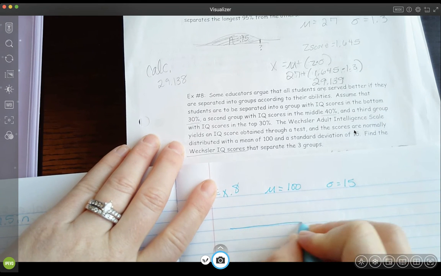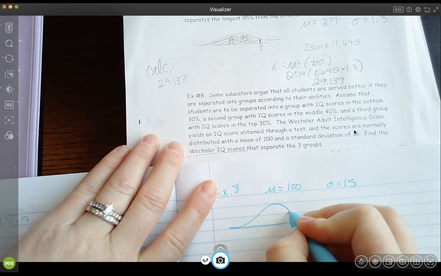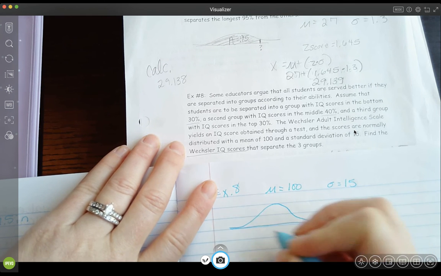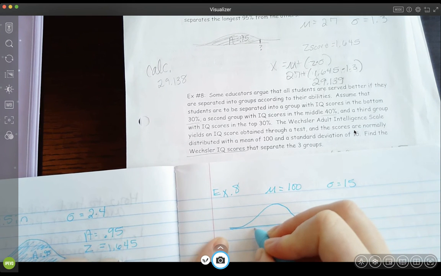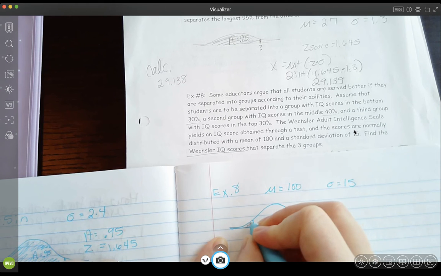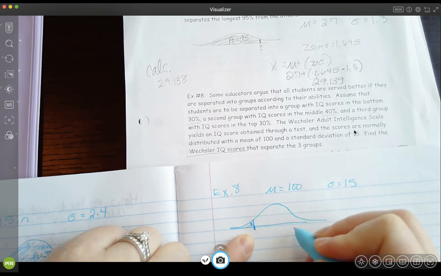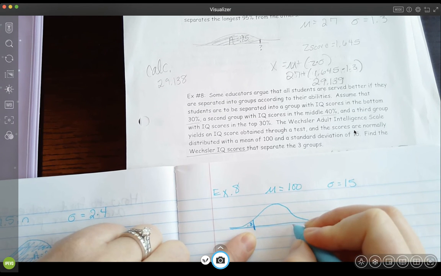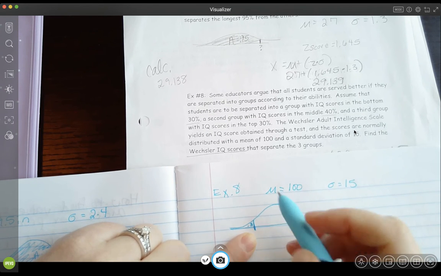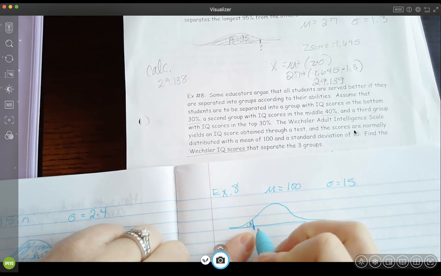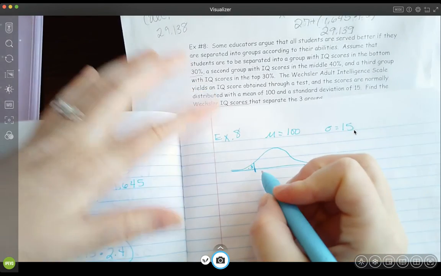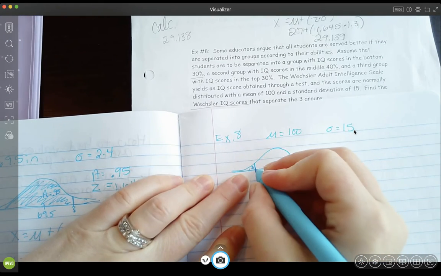So we have, and it says we want to find out what that bottom 30 is. So this is going to be 0.3. And then we want the middle 40. So we have 30 here.